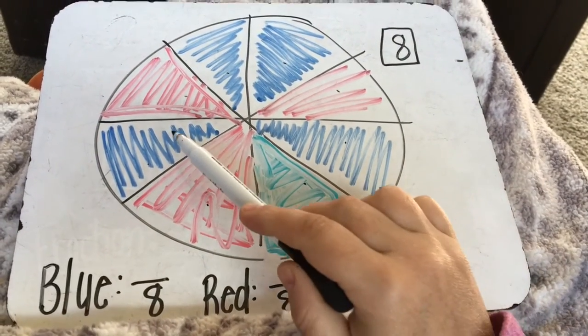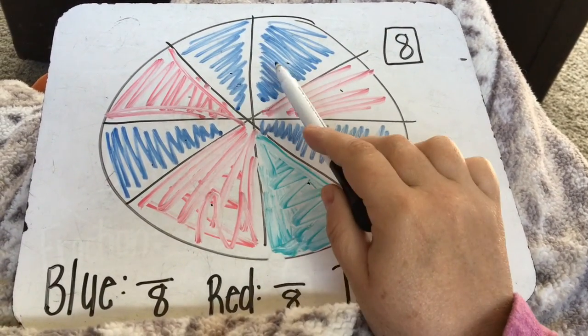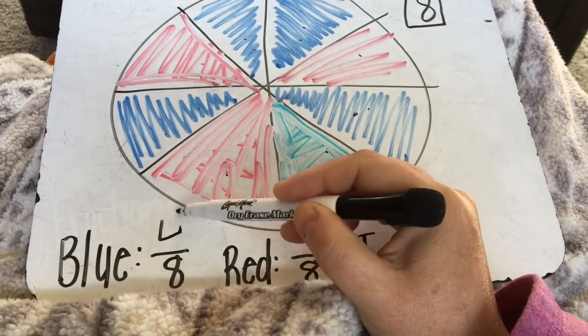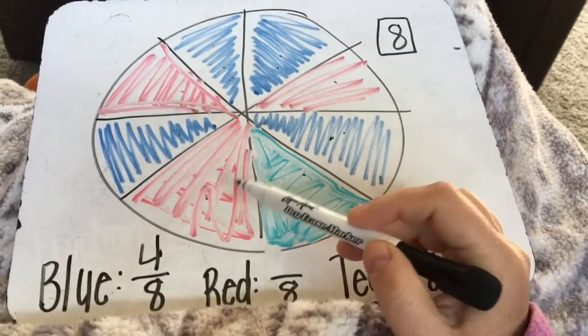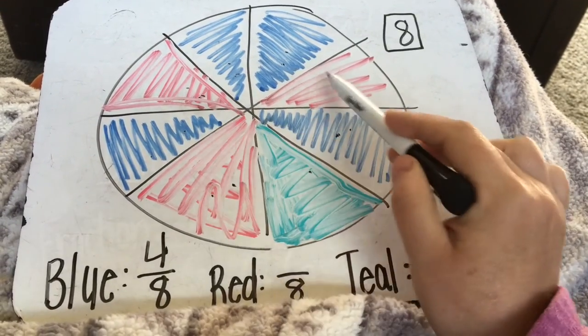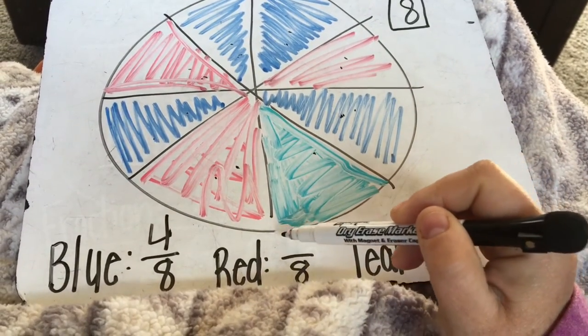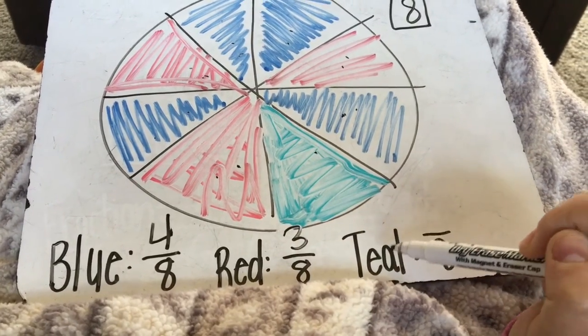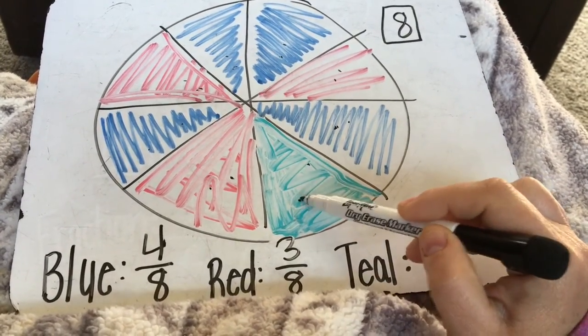So now I'm going to count the number of blue. There are 4 blue. So the fraction of blue is 4/8. Count my red. The fraction is 3/8. And I'm going to count my teal. The fraction is 1/8.